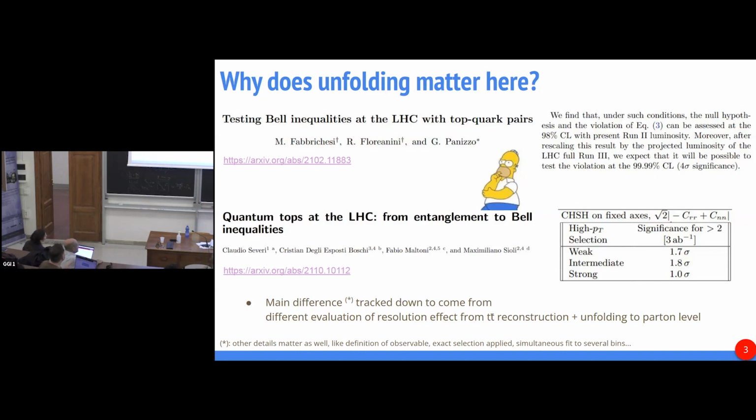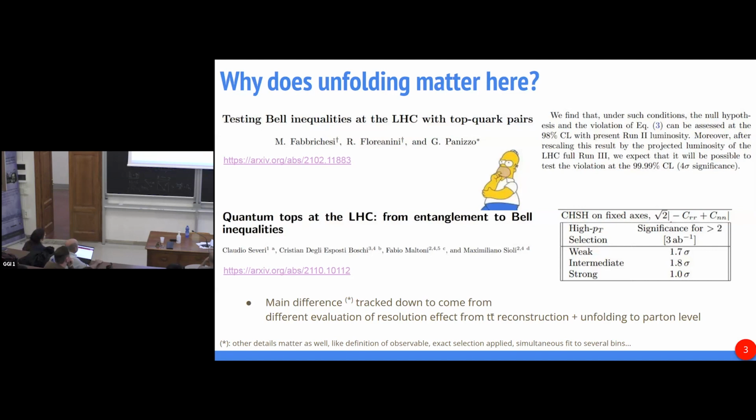In the end, my personal conclusion was that what matters here is the way the unfolding is treated in the two papers. What are the assumptions? What is done, what is not done, what is just guessed in a certain way or not? This means that the way we go from the true, in this case parton level distribution, to the reconstruction level or detector level distribution, with all the steps in between, really matters here.